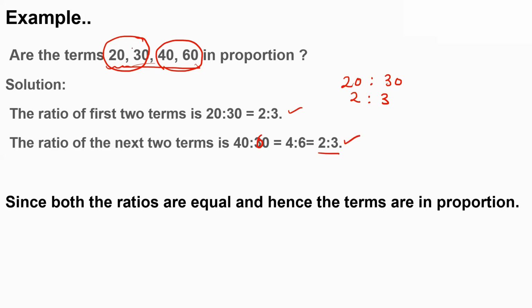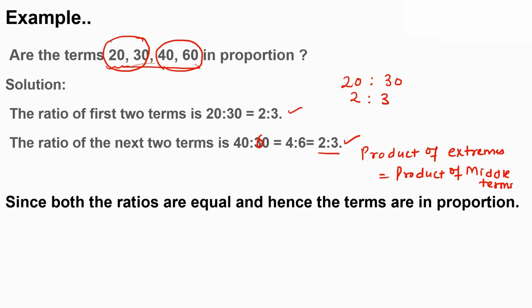Let's suppose I have another method to do that. What is that? I told you that the product of extremes is equal to the product of means. If the product of extremes is equal to the product of the means, or you can say the middle terms, then these are in proportion.